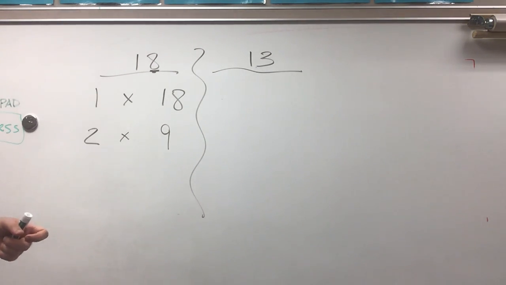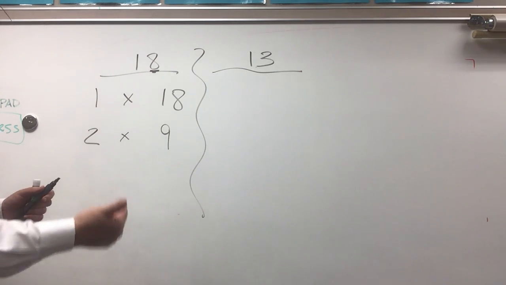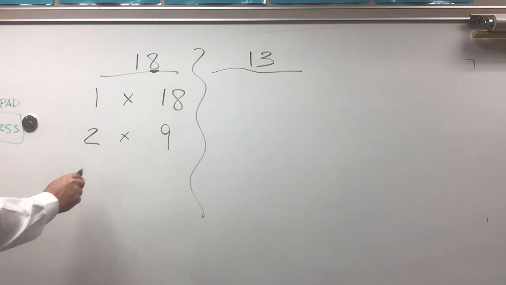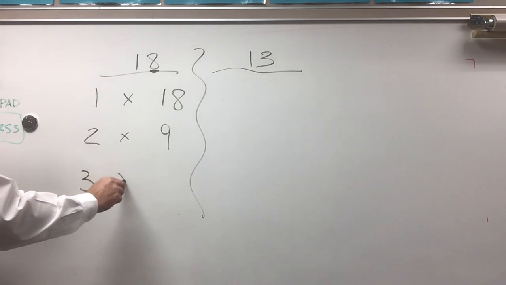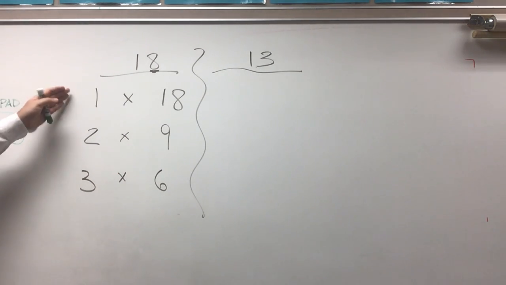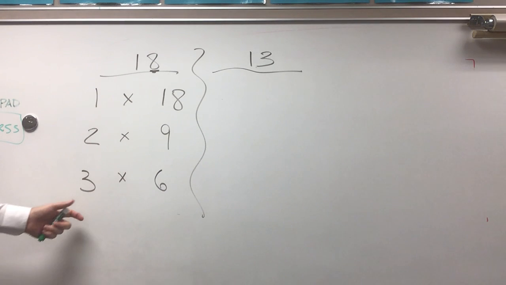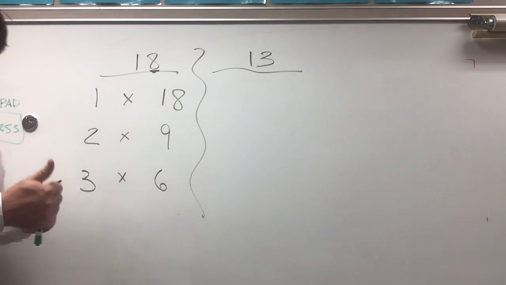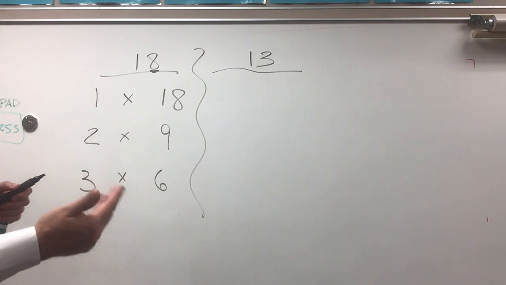Are there any others? Well, how about 3? We tried 1, we tried 2. 3, 6, 9, 12, 15, 18. 3 times 6. And remember, guys, if you go in order like this, keep them organized. There's not really many numbers left to check, just 4 and 5. Let's count by 4's. 4, 8, 12, 16, 20.